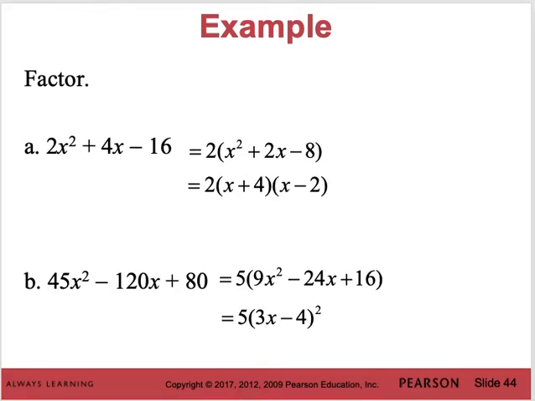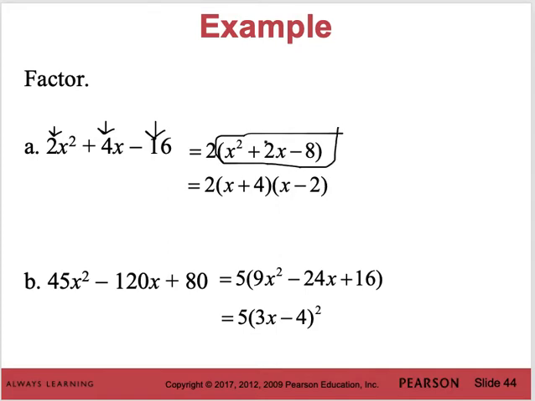Okay, here's another one, factoring 2x squared plus 4x minus 16. All right, so we can first factor out a common factor. They all are divisible by 2. So take out that 2. Now we're left with x squared plus 2x minus 8. Now we can factor this out nice and easy, right?